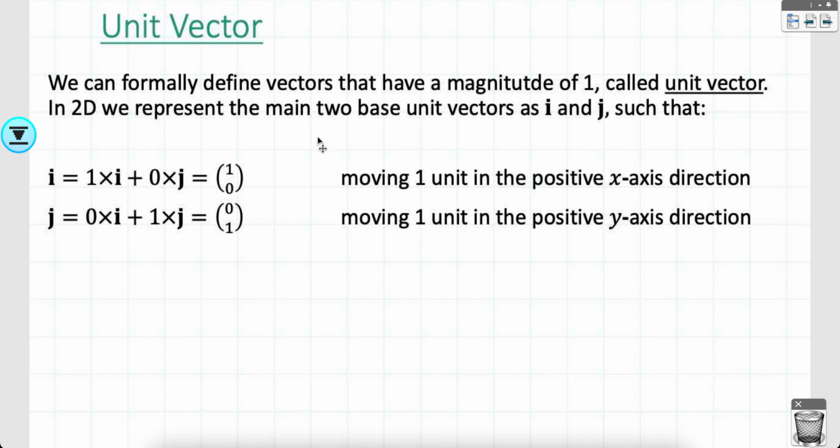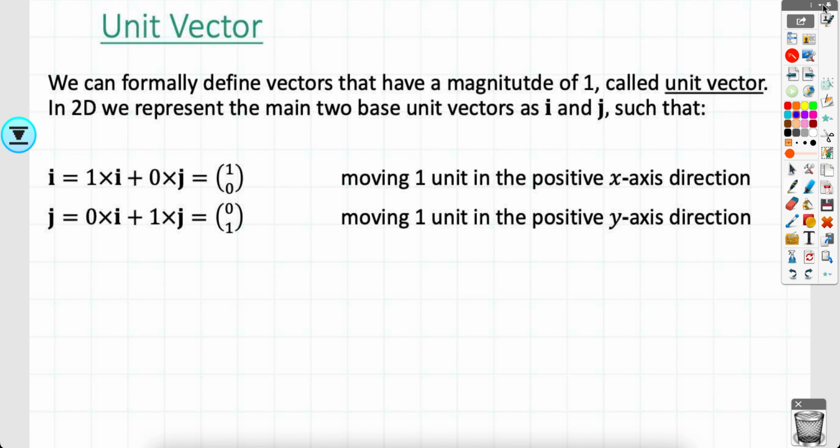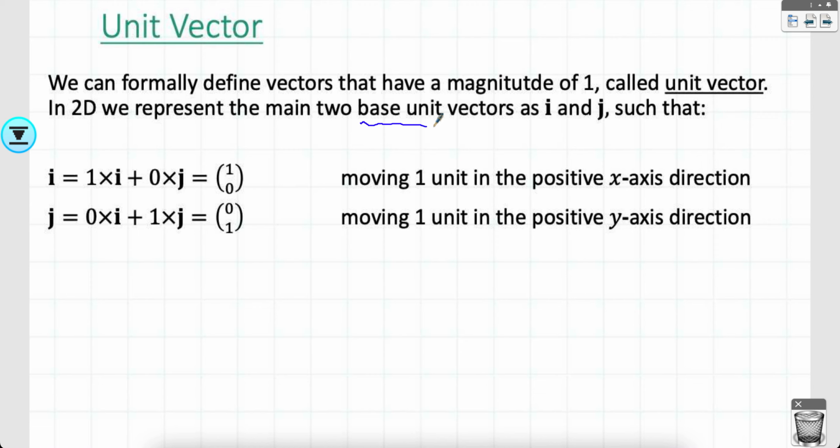So this is very important, as it's going to establish the basics to writing vectors in a different form. We will start with what we call the base unit vectors. These are unit vectors that we will continuously use to represent our vectors. The base unit vectors are i and j, which is another fancy way of saying how many units your vector is moving on the x-axis and how many units on the y-axis, assuming that i is your vector moving only 1 unit in the positive x-axis.